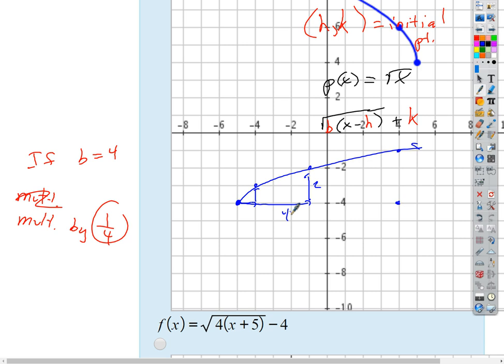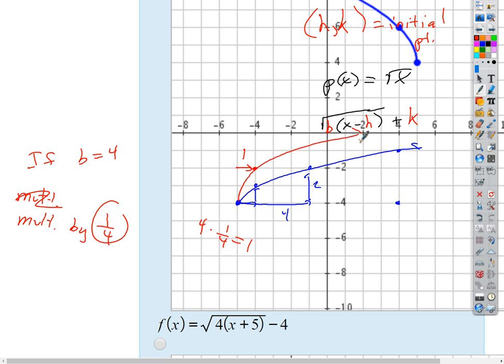If I multiply 4 times 1/4, then this point right here is going to get scooted clear back to there. Instead of going over 4, we're going to go 4 times 1/4, which is 1. We're only going to scoot that way by 1, so my graph is just going to look like that.